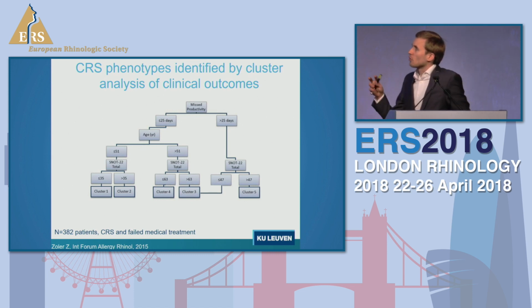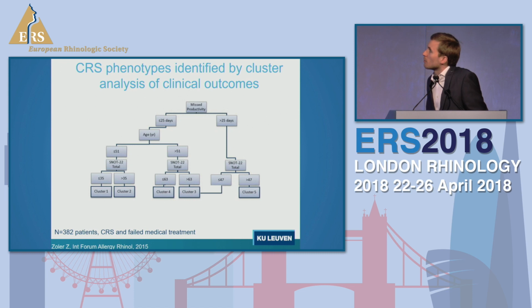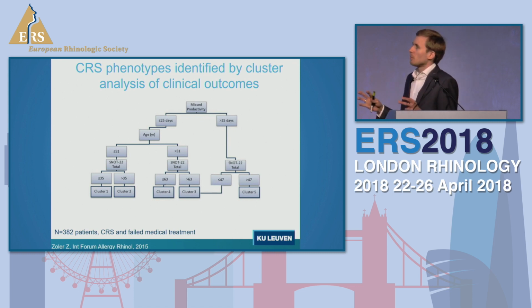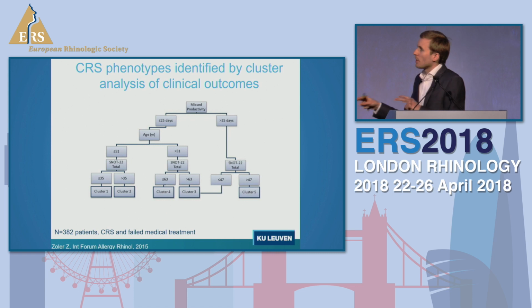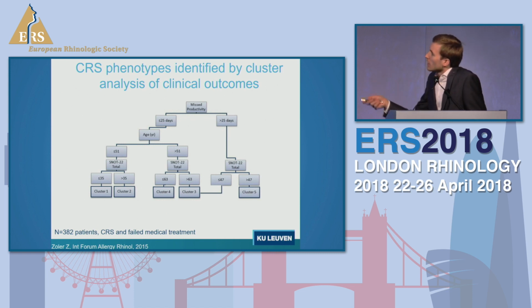This is based on expert-based opinion, but if we look at this study in which clinical outcomes are put into a mathematical model, and then we try to cluster patients based on these clinical outcomes, here you see that 5 clusters were identified, and we can group these patients based on only 3 clinical characteristics.